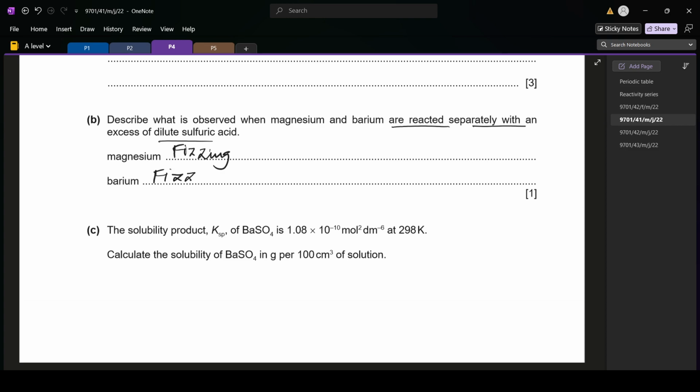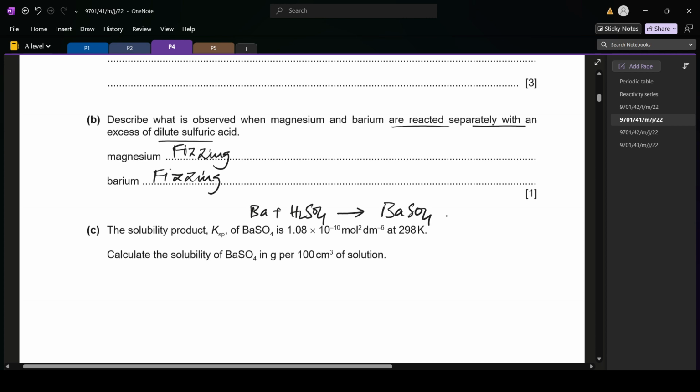Okay, and the other observation is going to be with barium. When barium reacts with sulfuric acid, it will form barium sulfate, and barium sulfate is insoluble. So you will also get a white ppt, because this is a group 2 metal salt, so it is not going to be a colored salt and this is going to be a white solid.